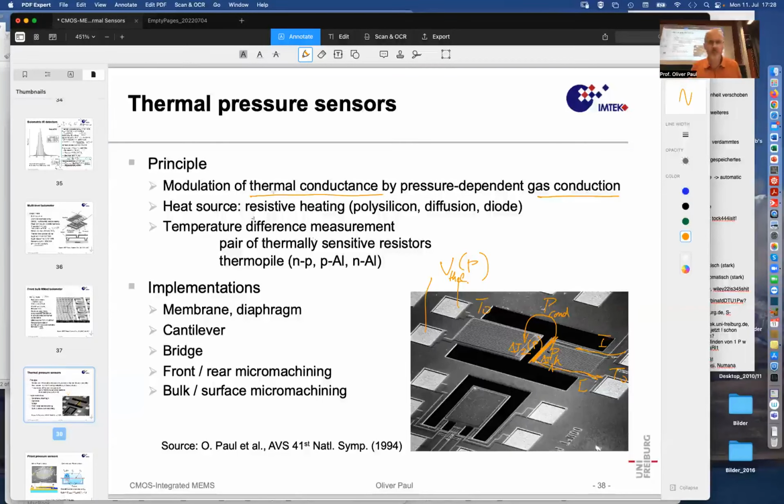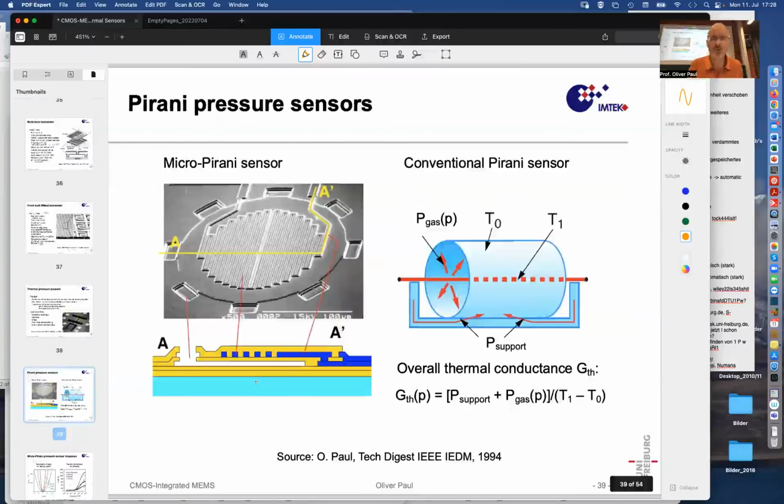And the implementation of the structure can rely on membranes, on diaphragms, on cantilevers like here, on bridges that cross some micromachined cavity. They can be produced using front or rear micromachining, bulk or surface micromachining.